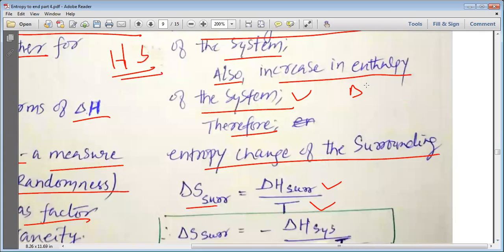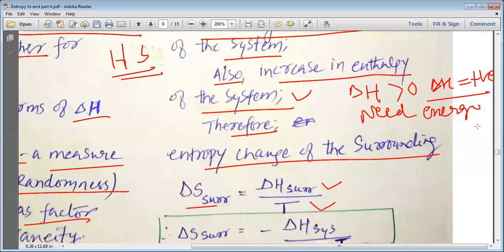Remember that enthalpy delta H increases. So delta H increases means delta H is greater than 0, or we can say delta H is positive. When delta H is positive, what happens? The system needs energy. From where does this energy come? This energy comes from the surrounding.